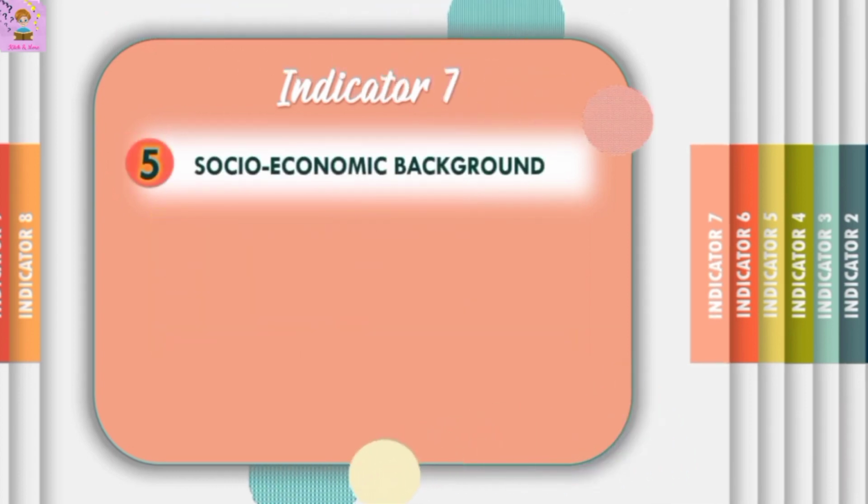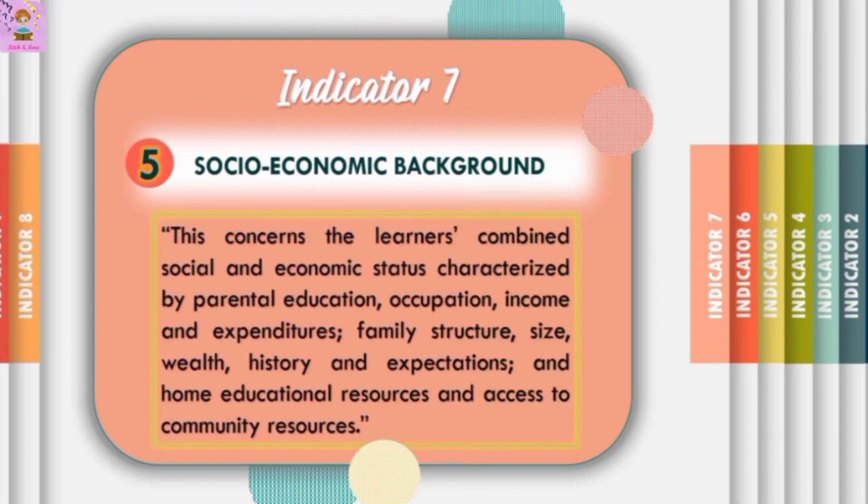We have socioeconomic background. This concerns the learner's combined social and economic status, characterized by parental education, occupation, income and expenditures, family structure, size, wealth, history and expectations, and home educational resources, and access to community resources.